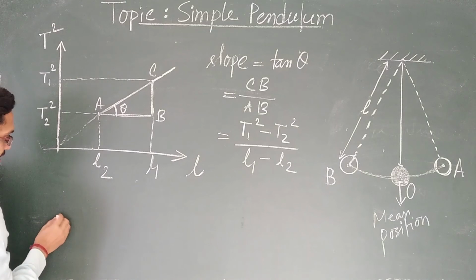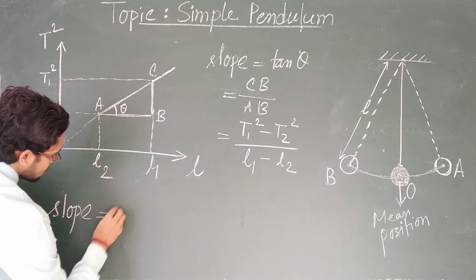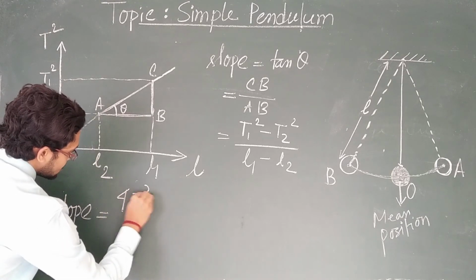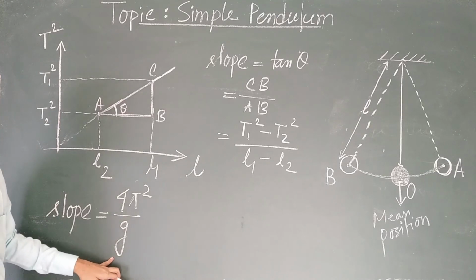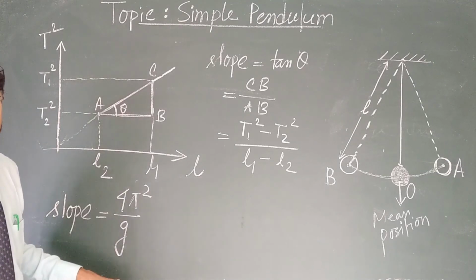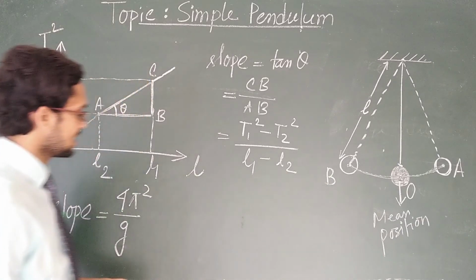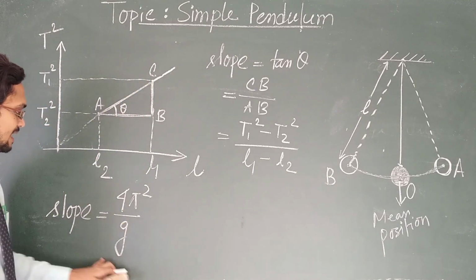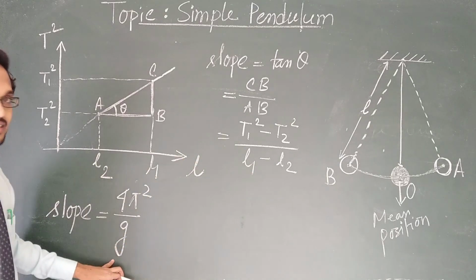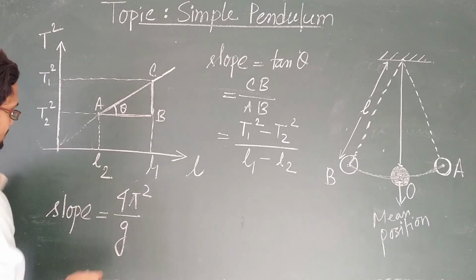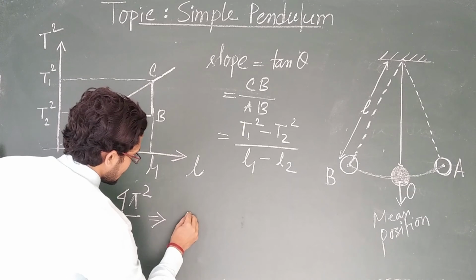So I'm writing it here. Slope equals 4 pi square by g. What is g? g is the gravitational acceleration at the place where you are doing this experiment. So basically we want to find this after doing this experiment. What will be its formula from this equation?